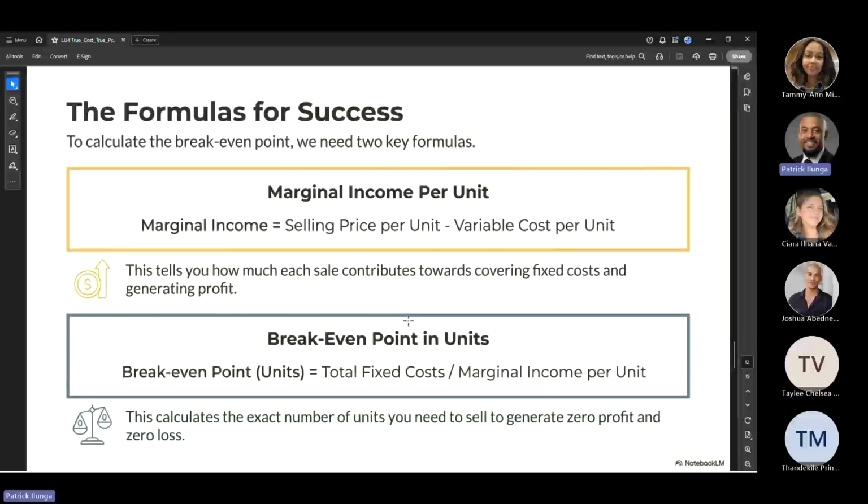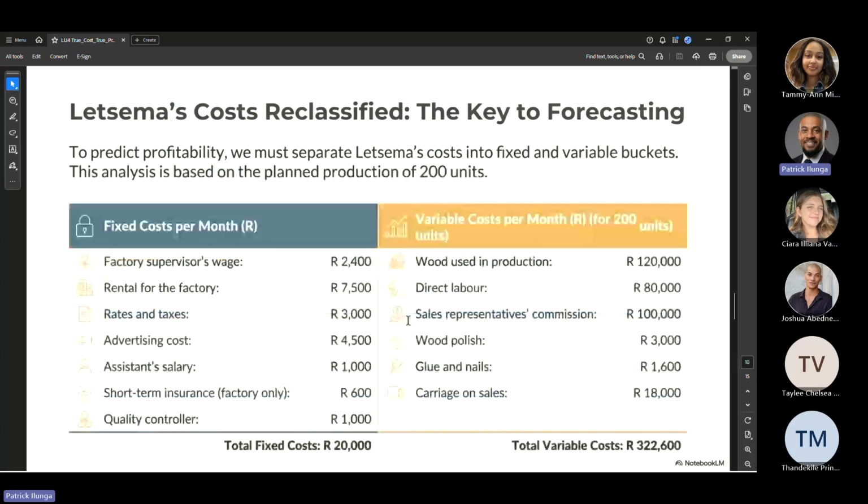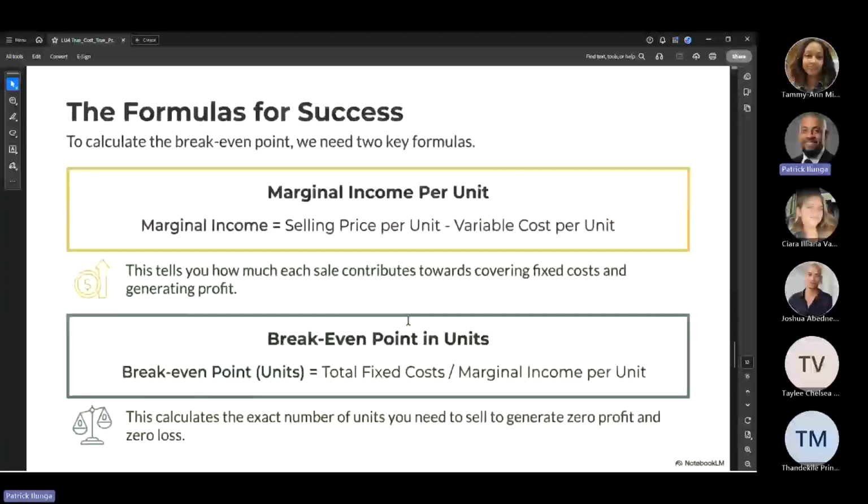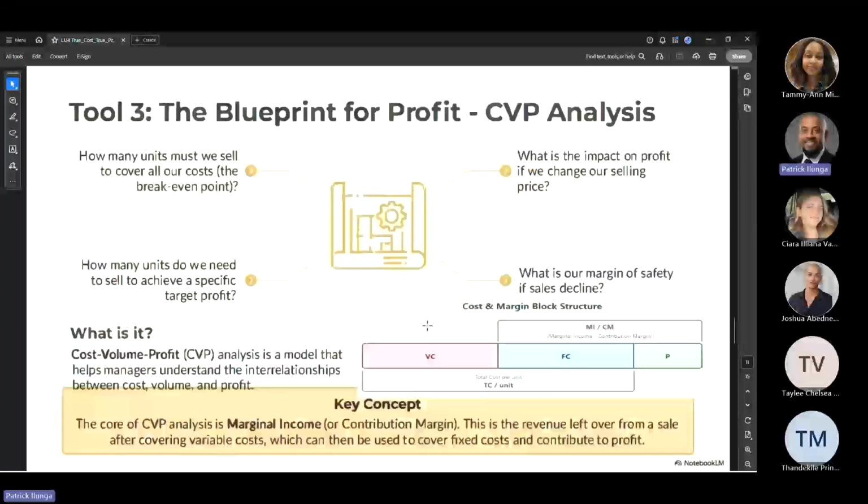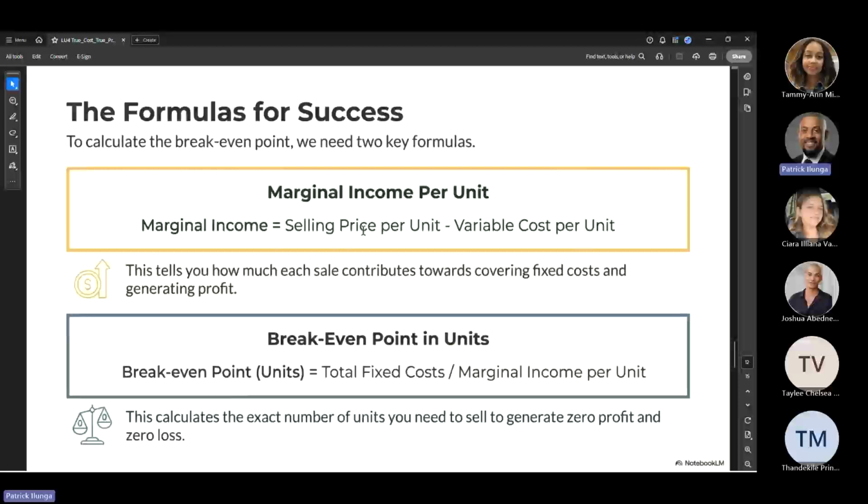I just showed it to you now, here. How do we find it? We take the selling price per unit minus the variable cost per unit. Why? Because we want to have this part. This part is very important to us.